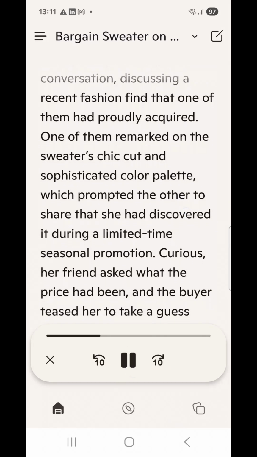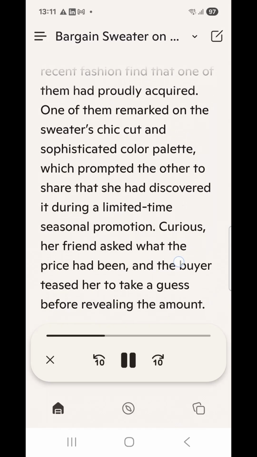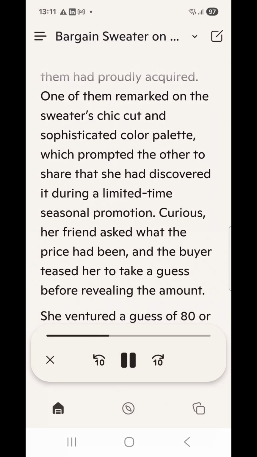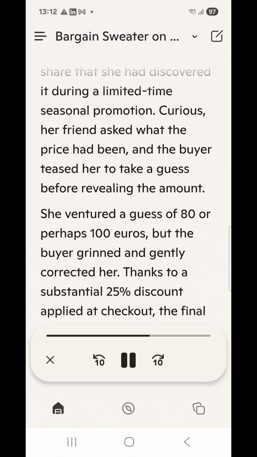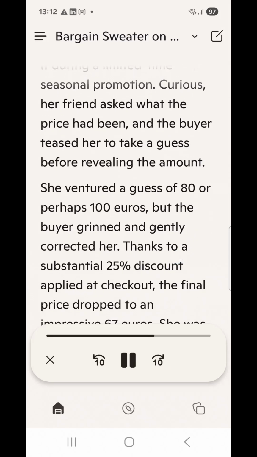It was just to die for, which got the other one all excited, and she jumped in to say she found it during this super exclusive limited time seasonal promo. I mean, talk about a fashion win. And of course, her friend, now super curious, just had to know the price. She was like, come on, tell me how much it was. But the buyer, she played it cool, teasing her like, why don't you take a guess first?